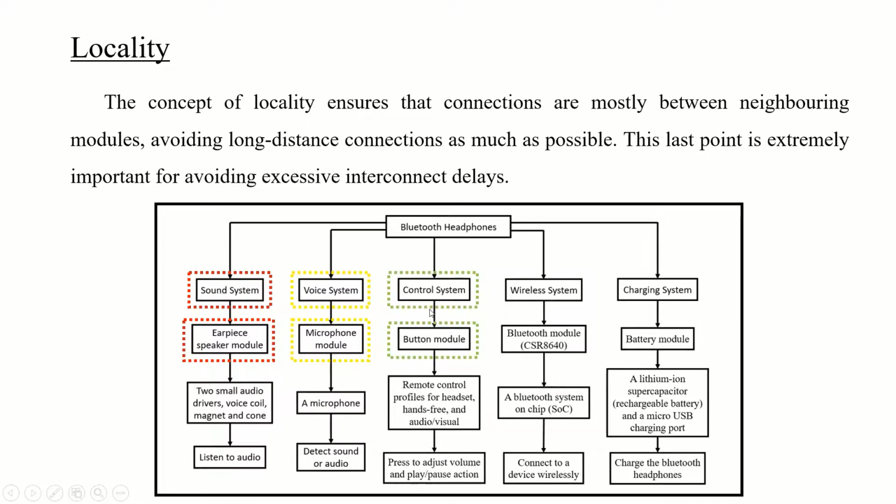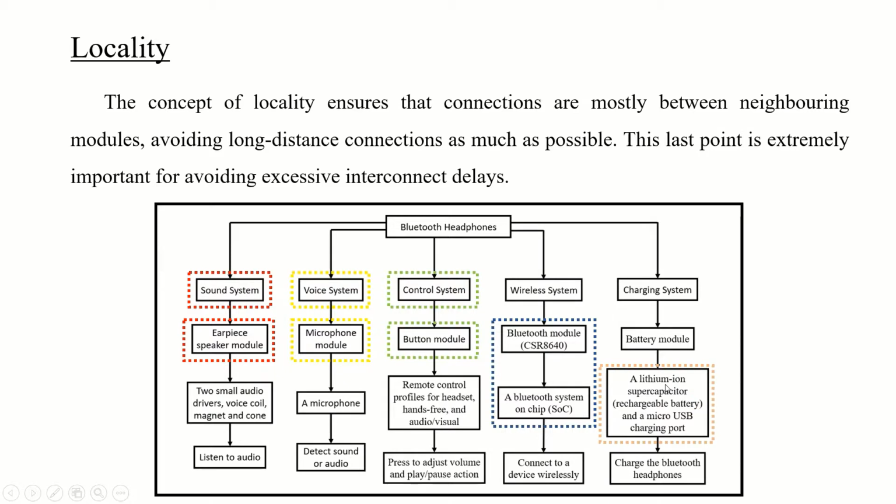For control system, we use hands to press the button, and so this functionality must be applied on button module. For wireless system, by recalling the previous mechanism, the Bluetooth system on chip that stick together with Bluetooth module can avoid long-distance connections. By sticking together, it reinforces the wireless system.